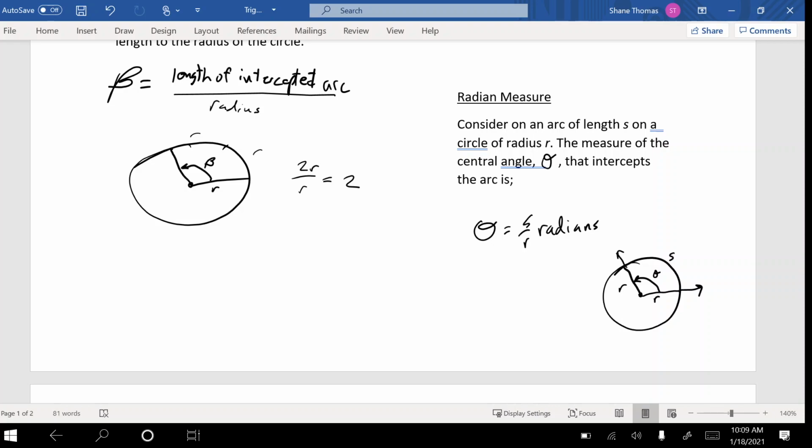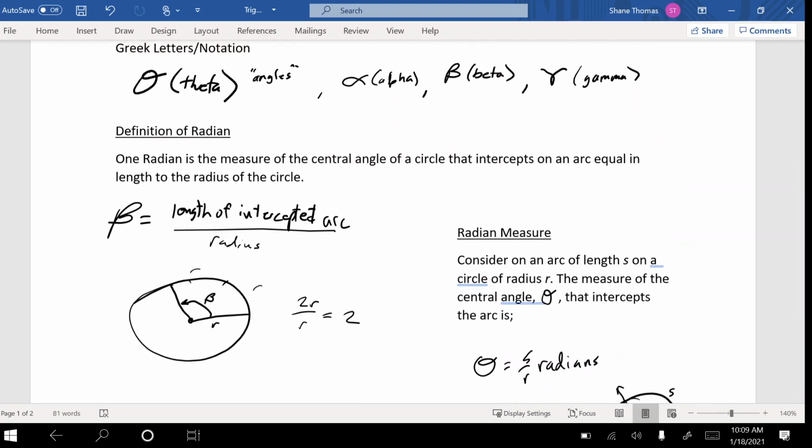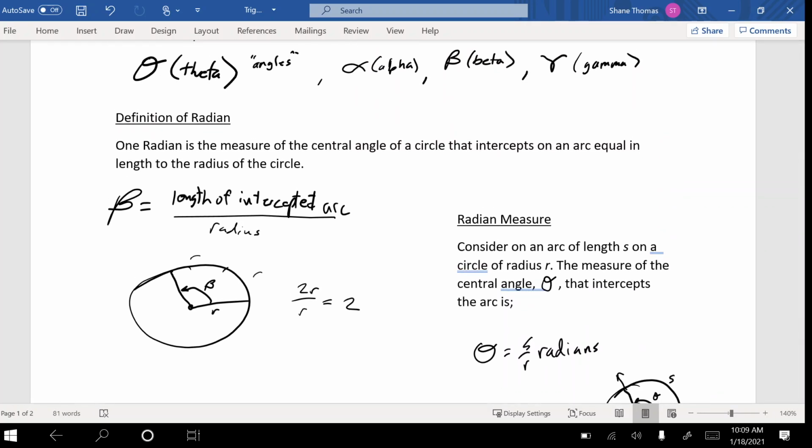Theta equals S over R radians. How many of you have ever messed up on your calculator, and if you look up in the top corner it says DEG and all of a sudden it's RAD and your numbers come out weird?